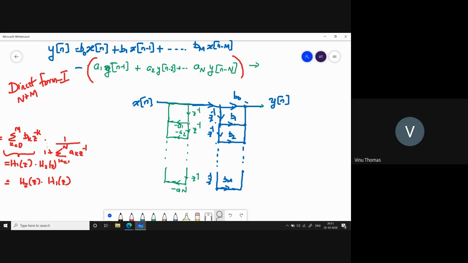So Z raised to minus 1 is appearing here, and you have a Z raised to minus 1 appearing here. So maybe this Z raised to minus 1 can be taken as common to both the sides. Is it understood? So what I will do is I will just take this again closer. Now I will just rub out all these Z raised to minus 1s.